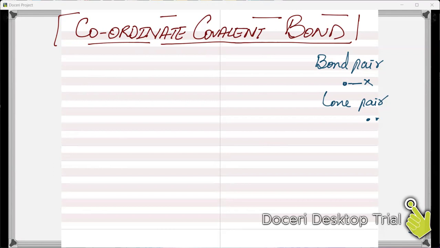Neither can we use the words that a bond pair is being transferred, stuff like that. You can't use it.